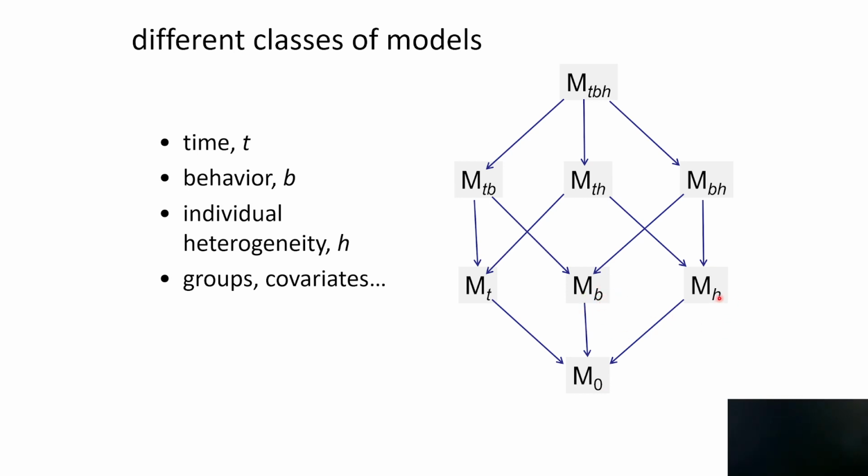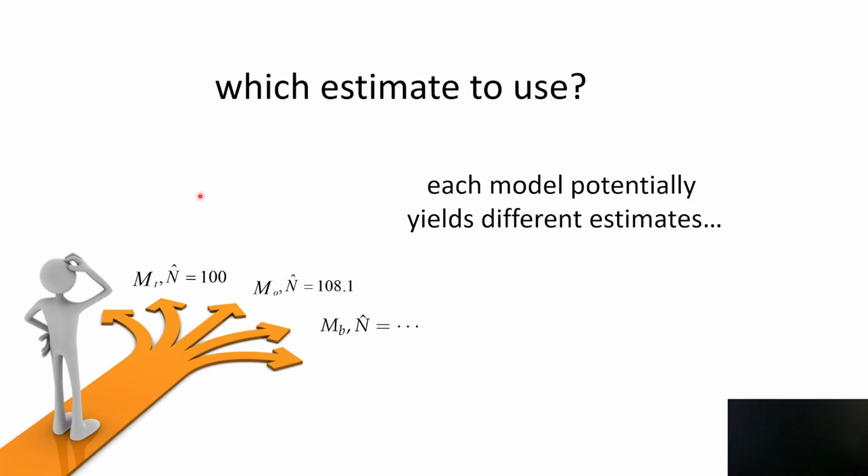Maybe every animal is flipping different coins or combinations of those things. So there's a whole different set of classes of models. Each of them you might think is reasonable to at least consider, but every one of those models is going to potentially yield a very different estimate of abundance. So which estimate to use? Which model do we want to think about? Which set of models are the reasonable ones to try?